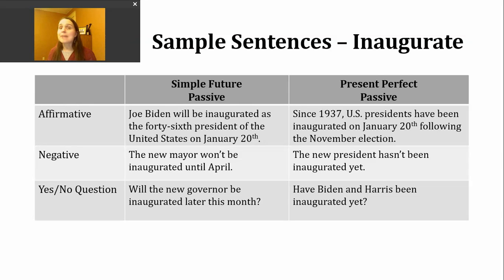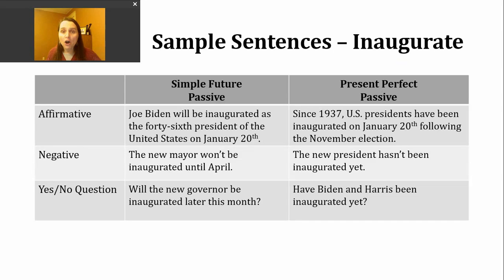Finally, if I want to make a yes or no question, I'll start with have or has. Then I'm going to, again, have that object, the person or people receiving the action, then been, and the participle form of the verb. Have Biden and Harris been inaugurated yet? So this is another good thing to mention.